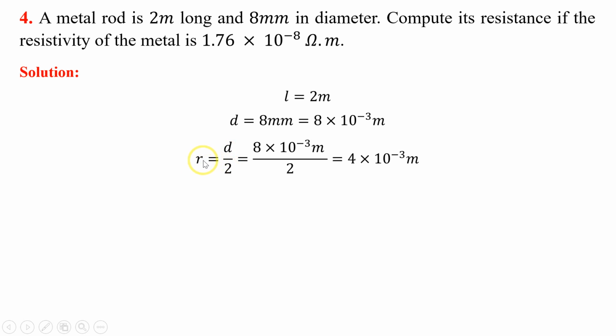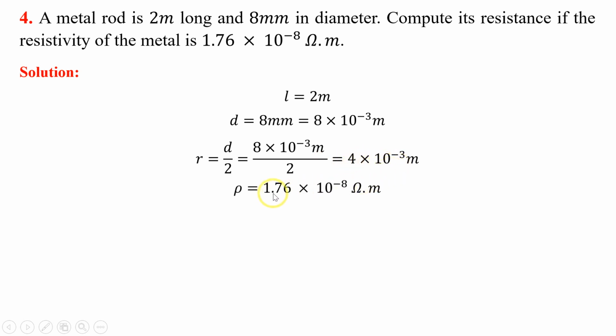Why radius? Because the area of the wire is equal to pi r square. First we find the radius by dividing the diameter by 2, and the radius comes out to be 4 into 10 raised to the power minus 3 meter.